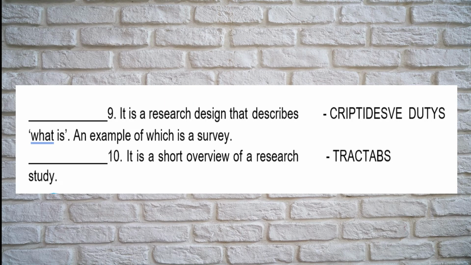Number 9. It is a research design that describes what is, an example of which is a survey. You're right, descriptive study. And number 10, it is a short overview of a research study. It is abstract.